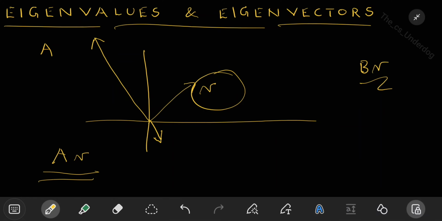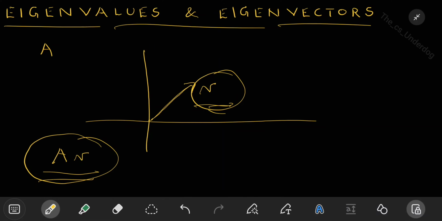What is the speciality of an eigenvector? If it is an eigenvector, this vector will only change by a scalar value when you apply the corresponding matrix. That is, it won't have any other transformation. So if V is an eigenvector of the matrix A, then if you apply this transformation A to V, this V may become something like this or something like this.